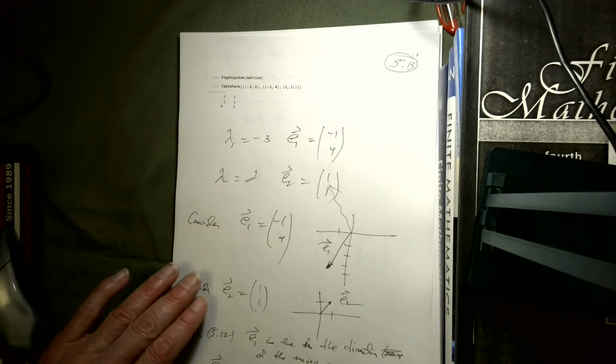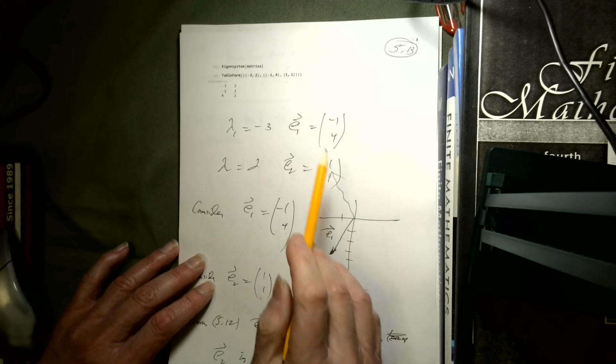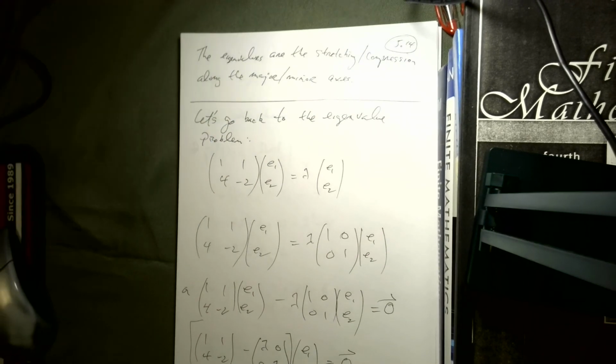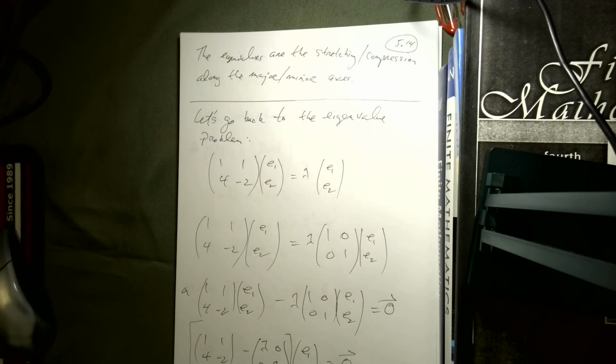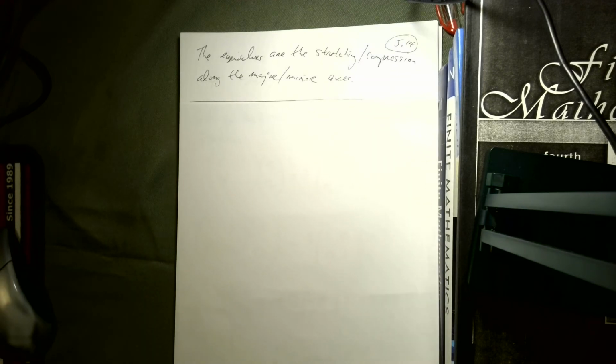I'm sorry. So you have your major and minor axes, and without bogging down in all the details, the idea behind the eigenvalues and the eigenvectors is the stretching or compression along the major and minor axes.